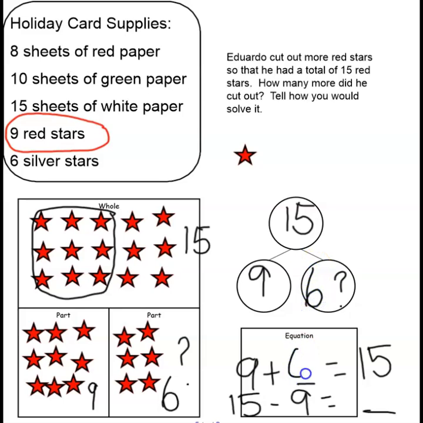So 9 plus 6, we know, is 15. And if we had the 15 and we took the 9 away, we know that we had 6. That is great problem solving, boys and girls. Great job using the 3-read strategy and using our part whole mat and our number bond and creating an equation to solve the problem.